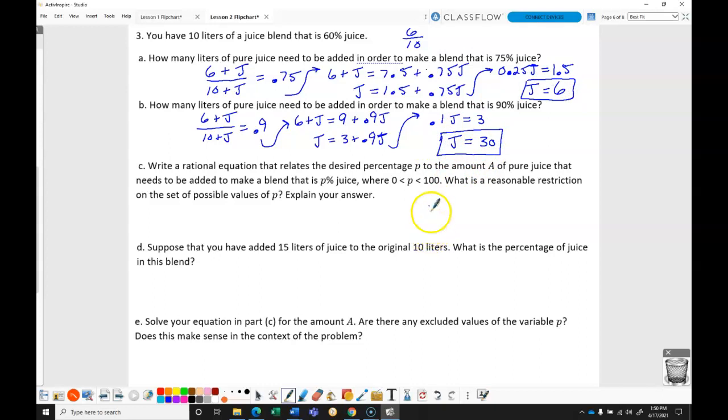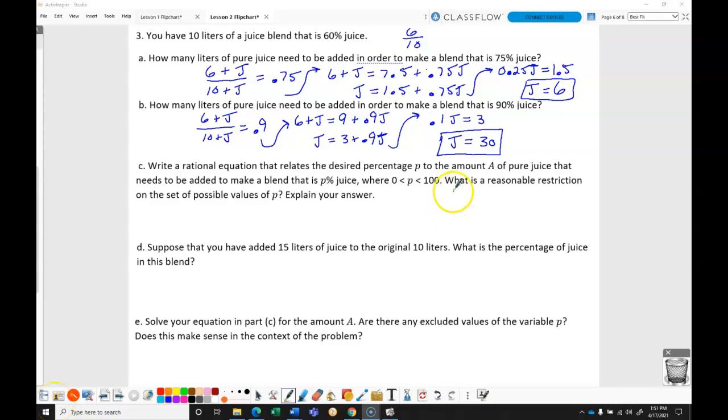Okay, we're going to write an equation that relates the desired percentage P to the amount A of pure juice. They want us to use A for the pure juice instead of our J, that needs to be added to make the blend that is P percentage. And then, what's a reasonable restriction on that set of possible P's?